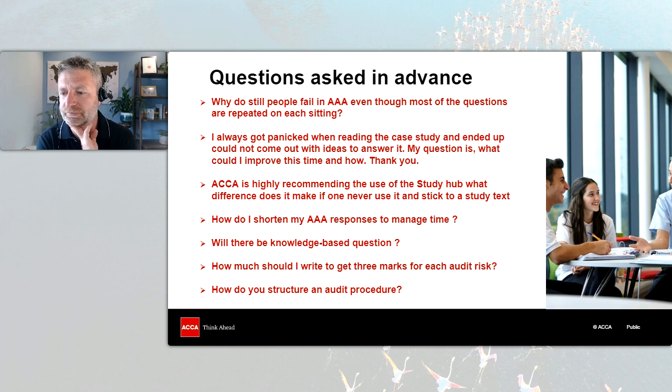Kashif has asked, how do I tackle matters to consider questions? So matters to consider questions, and this applies to a lot of other questions as well. I go to the scenario, right? And the things that need to be considered will all come from the scenario. This is how the examiner thinks, right?